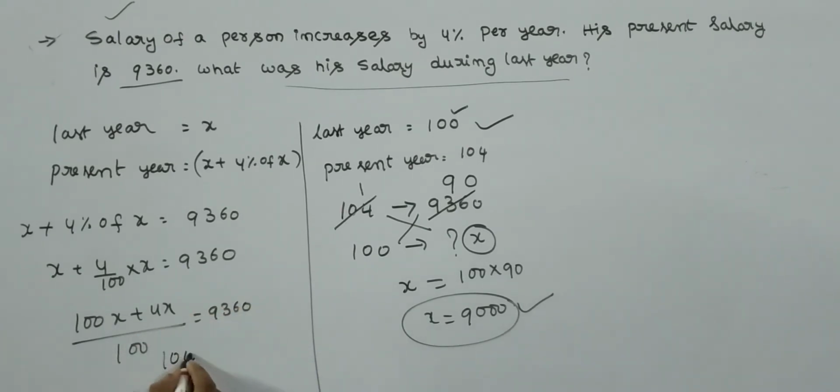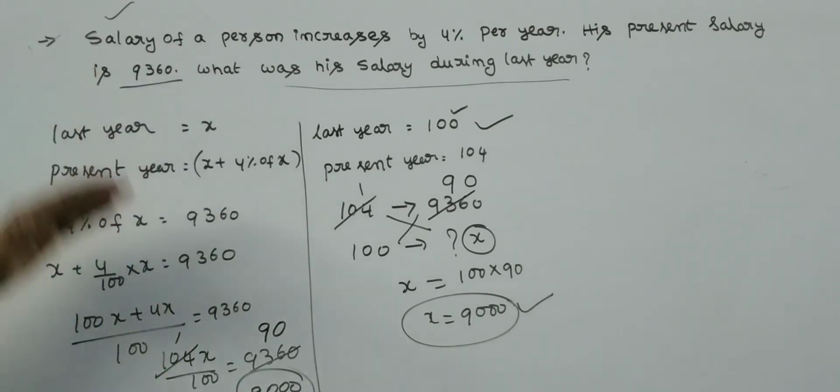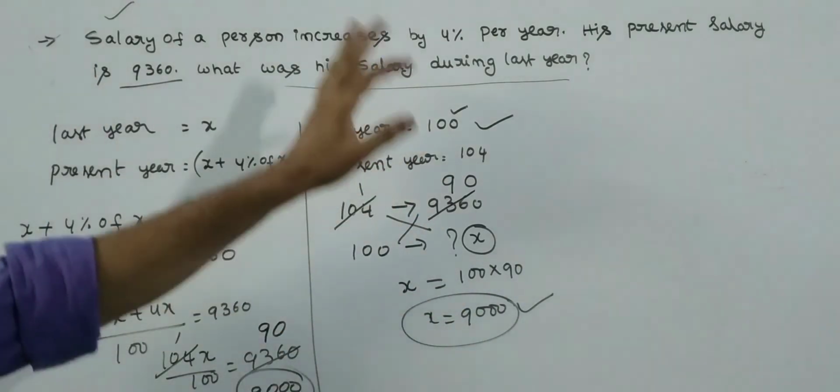So 104x by 100 equals 9360. 104 ones are 104, nines 0, then x equals 9000. So this is the answer. This is the actual procedure. This is a shortcut. Directly we can go with it.